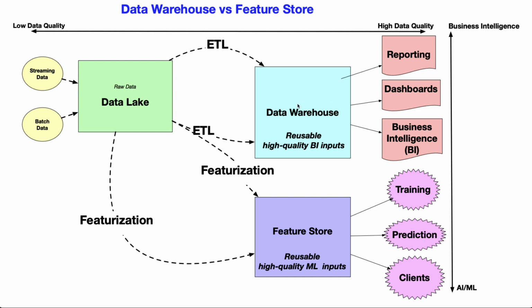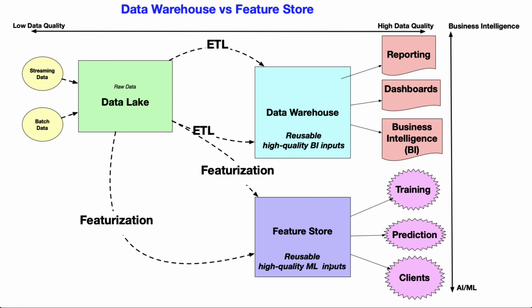And what are the outputs of that? Well, the outputs could be reporting, dashboards, business intelligence. So it's very different in that you're building something so you can do reporting, and the human is the customer. But for a feature store, you're building something where the customers are machine learning systems.